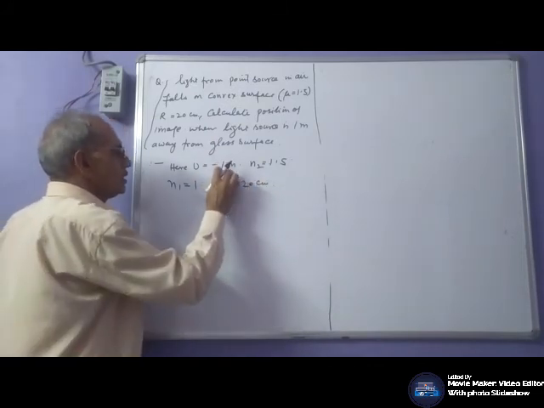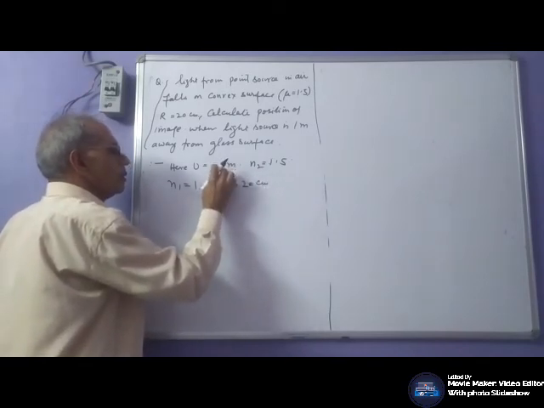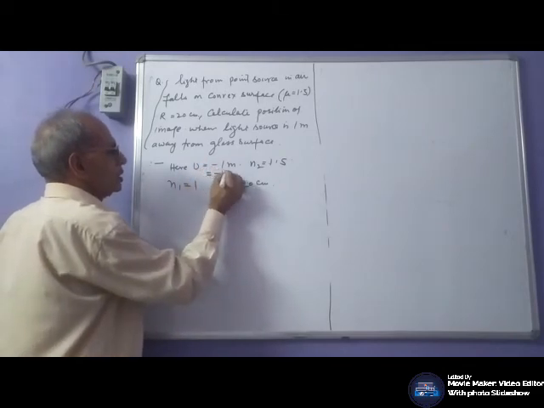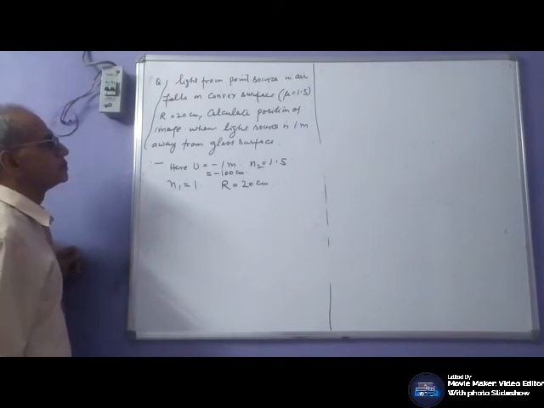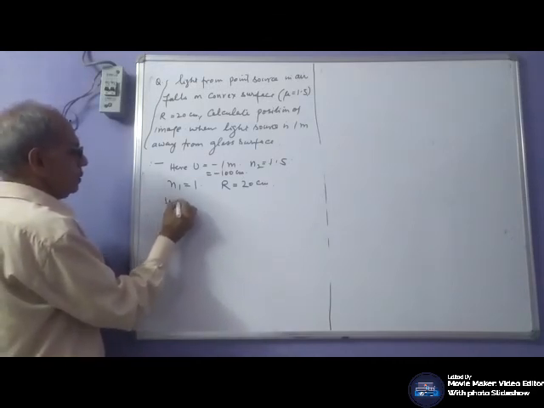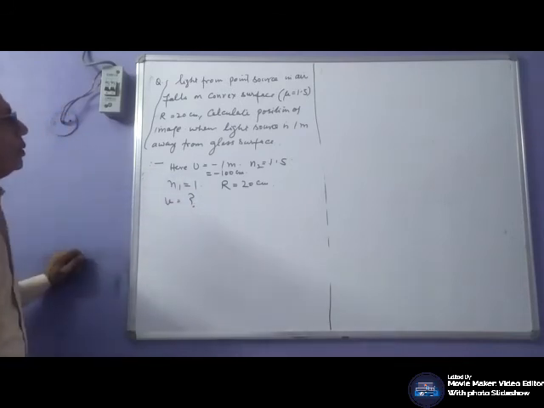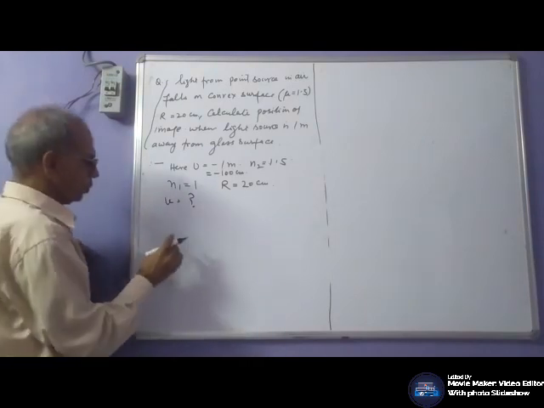Either change this into centimeter or change this into meter. So minus 100 centimeter. We have to calculate the position of the image.